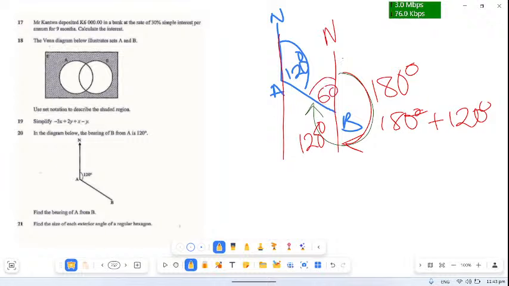Then we use this one to find the value of this angle. We're going to use angles on a straight line add up to 180, which will give us 120 as the value of this bearing. So 180 plus 120 will give us 300 degrees. So that is the value of the bearing.